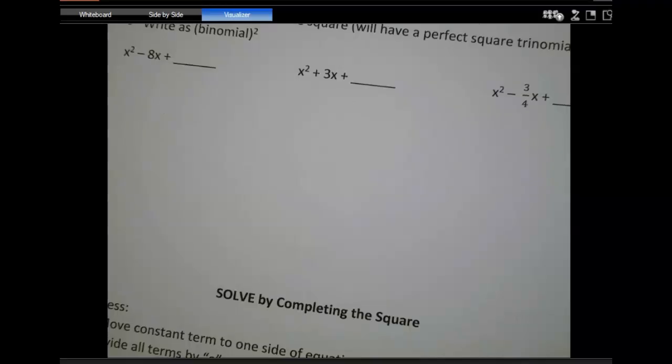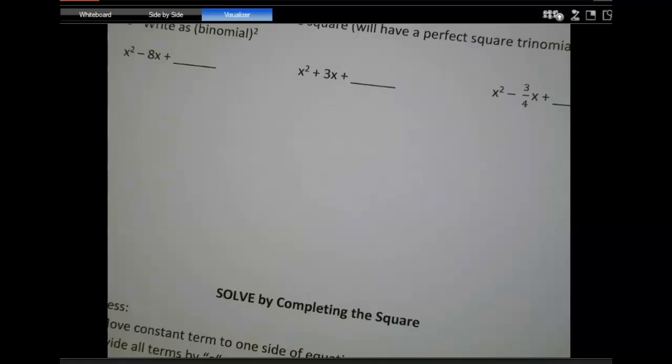So if I was going to ask you the area of a square, what is the area of a square? Okay, so I'm hearing base times height, but what's true about the sides of a square? They're all equal. So would it be x times x or side times side? And that would give you side squared, right?